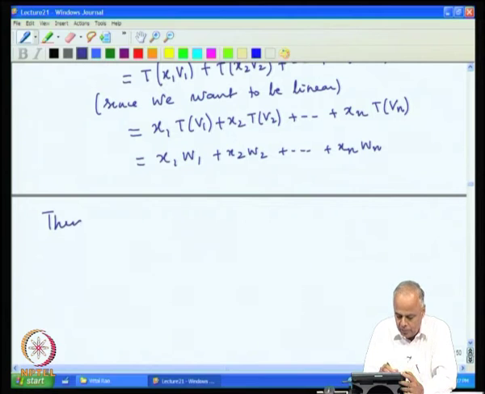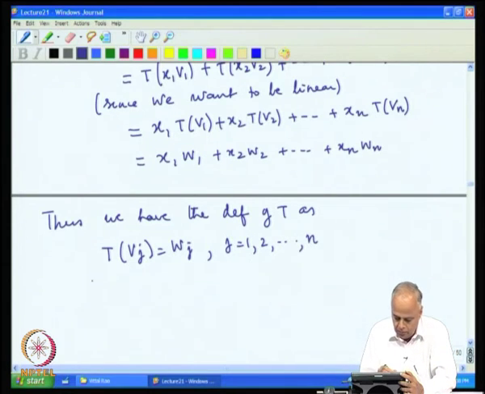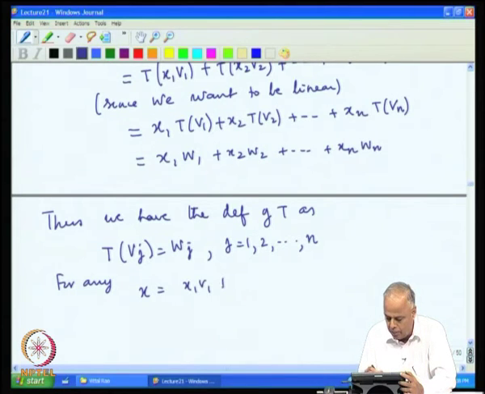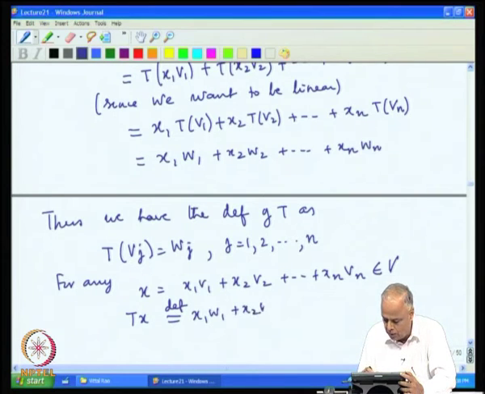So, thus we have the definition of T as T of V j is W j for j equal to 1, 2, ..., n, and for any x equal to x 1 V 1 plus x 2 V 2 plus x n V n belonging to V, T x is by definition x 1 W 1 plus x 2 W 2 plus x n W n.